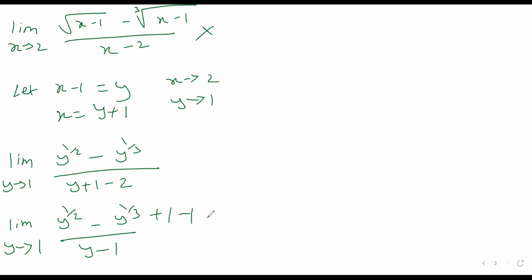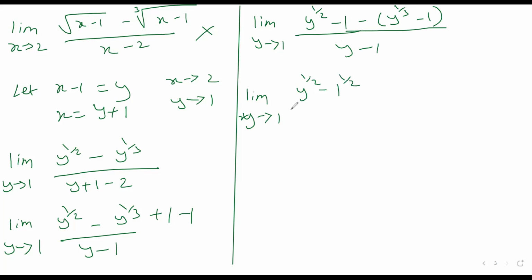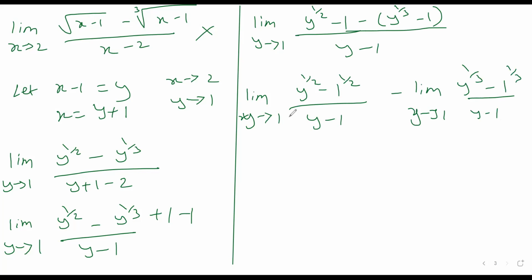I can use plus 1 minus 1 here: limit y tends to 1, y raised to 1 by 2 minus 1 minus y raised to 1 by 3 minus 1, whole thing upon y minus 1. That is limit y tends to 1, y raised to 1 by 2 minus 1 raised to 1 by 2 upon y minus 1, minus limit y tends to 1, y raised to 1 by 3 minus 1 raised to 1 by 3 upon y minus 1.